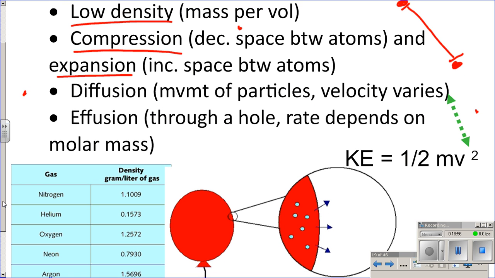You guys remember diffusion? Biology? Yeah, totally. Diffusion is the movement of particles from what concentration to what concentration? High to low, good. So diffusion goes from a high concentration to a low concentration, and you already know that happens.